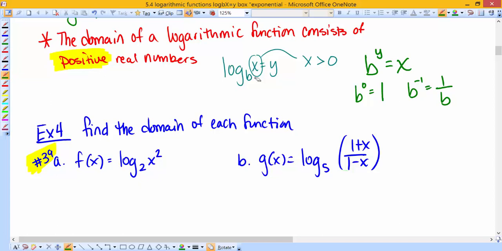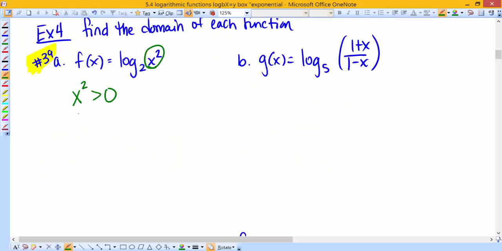With logarithmic functions, because we will never ever be able to get 0 unless there are some transformations taking place, we have to double check that what we are taking the log of is never going to be 0. So I take x squared, the main part of the log, and I set it greater than 0.